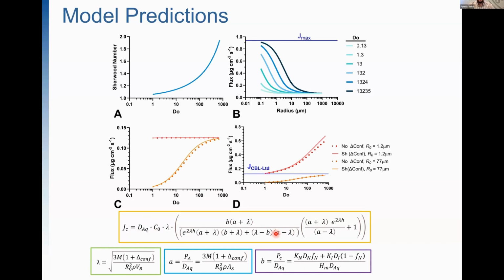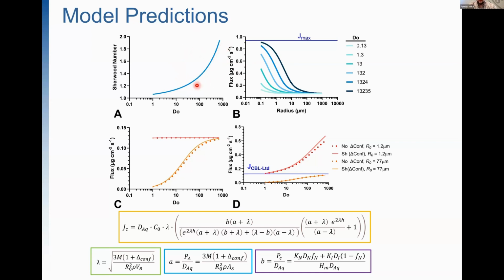Getting into what this model can predict, in panel A, we incorporate some more modern theories of mass transfer that were published recently by Dr. James Brasseur at Colorado Boulder and his then postdoc Yangshi Wang, I believe, who's now at Austin, Texas, showing that we can achieve some enhancement due to the Sherwood number.